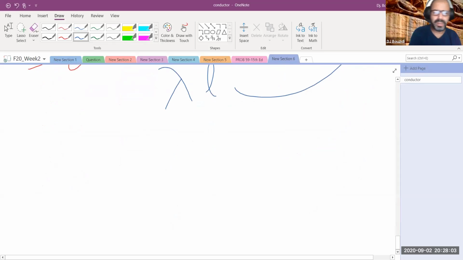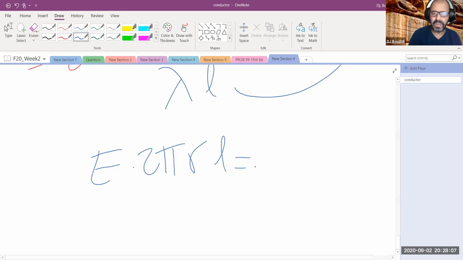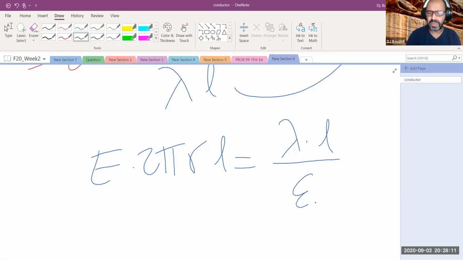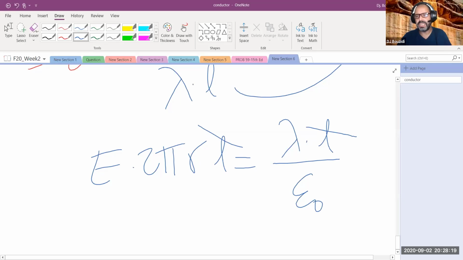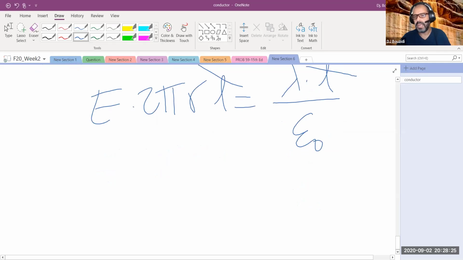So 2 pi r times L times E should be the charge enclosed, which is lambda times L, divided by epsilon naught. This is where the L cancels. We don't want L to be part of the answer because L is a fictitious thing. We just made it up to help us solve the problem. We took a length L of the cylinder, which is just an arbitrary length.